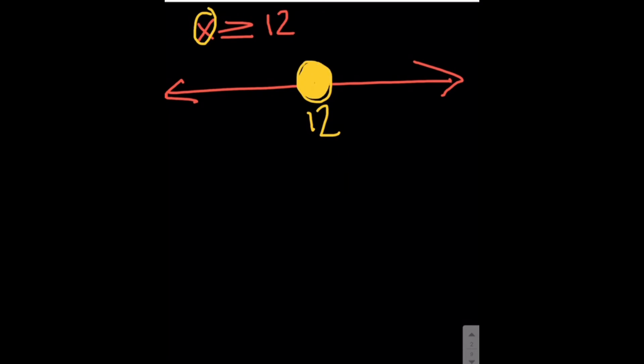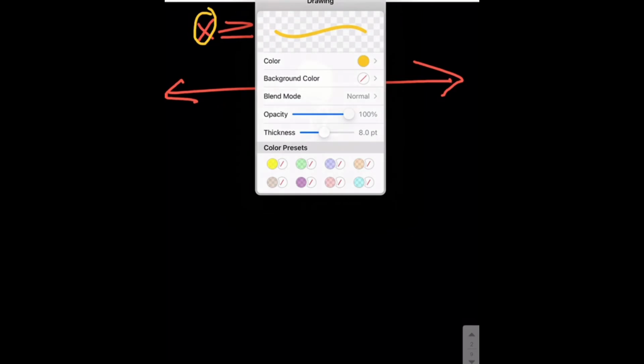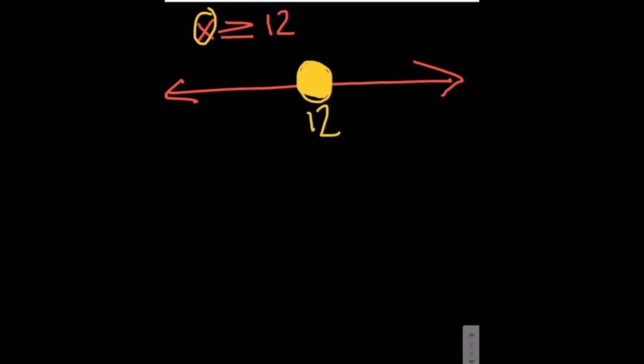Now, when it's a closed circle, what it really means is that the 12 could be an answer. When it's equal to, the closed circle indicates that whatever that 12 is could also be a possible solution to this inequality. Since it says greater than or equal to, you're going to shade it all the way to the right.